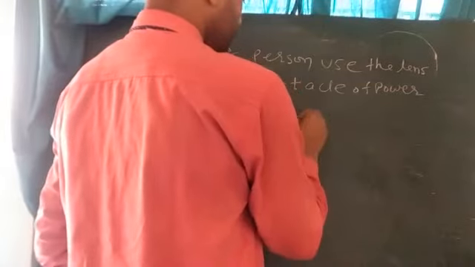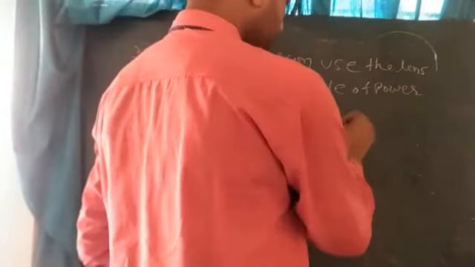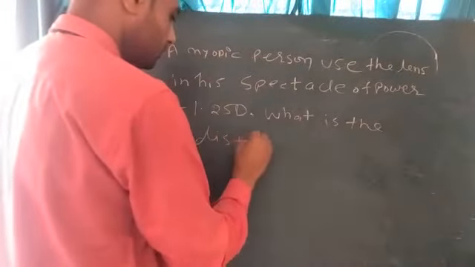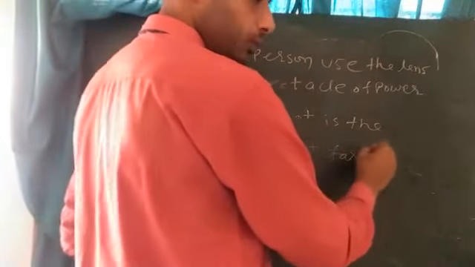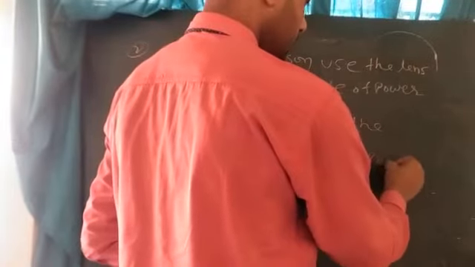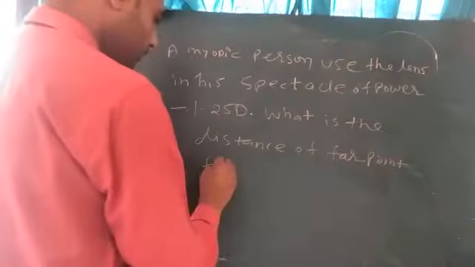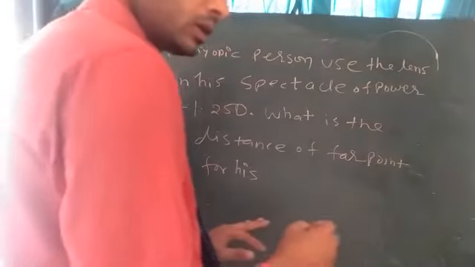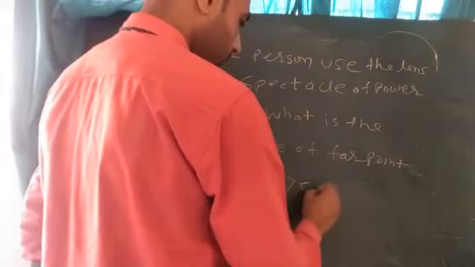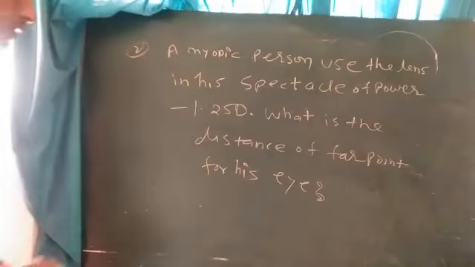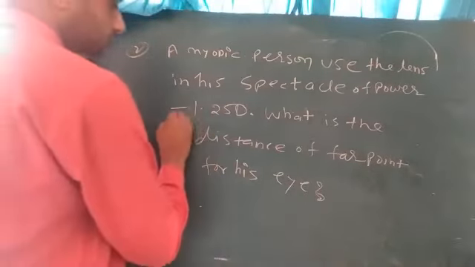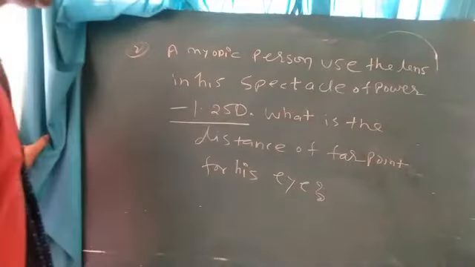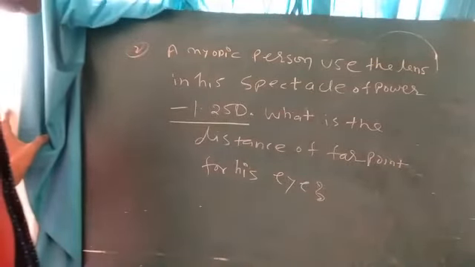So what is the distance of far point for his eye? Okay, so this is question. A myopic person use the lens in his spectacles of power minus 1.25 diopter. What is the distance of far point for his eye?